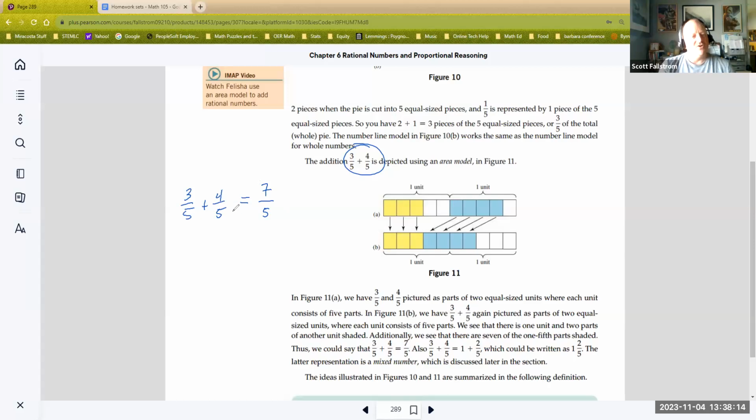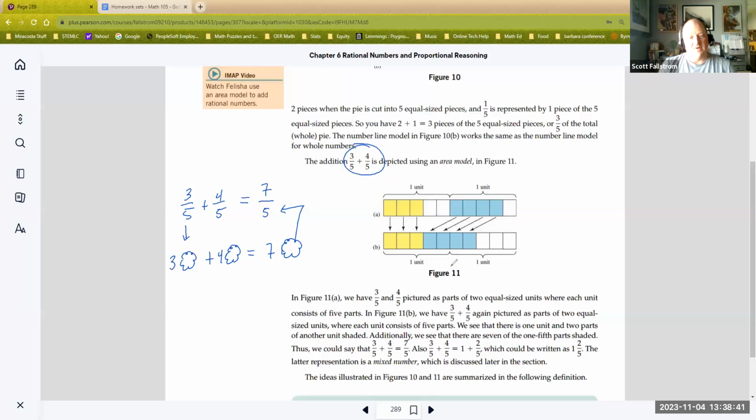So picture that. Again, it's really easy for people to think, oh, I add the numerators, then I have to add the denominators. No, the denominator is just the type of object. So if you need to, think of it as 3 of these things plus 4 of these things is equal to 7 of those things. The things just happen to be fifths or 1/5.